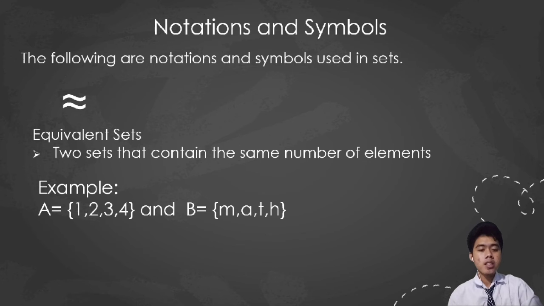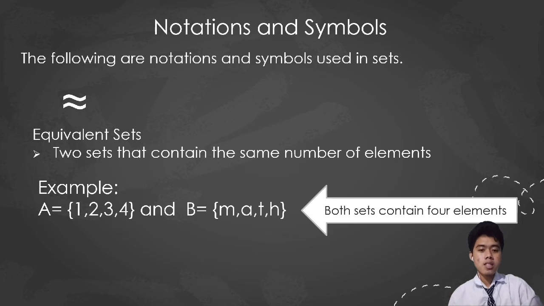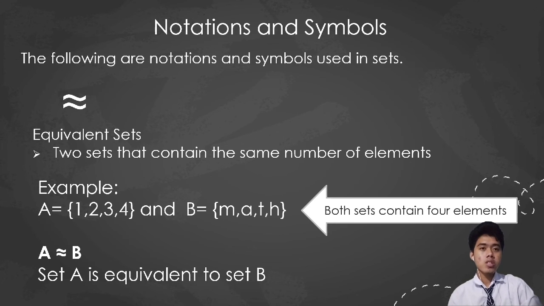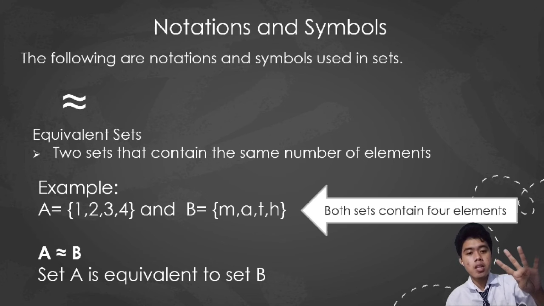And yung set B naman natin is {M, A, T, H}. So, meaning, set A is equivalent to set B. Bakit? Kasi both sets, set A and set B, contain 4 elements. Yung 1, 2, 3, 4 is 4 yung element, and yung set B naman natin na M, A, T, H is 4 yung element. So again, set A is equivalent to set B.